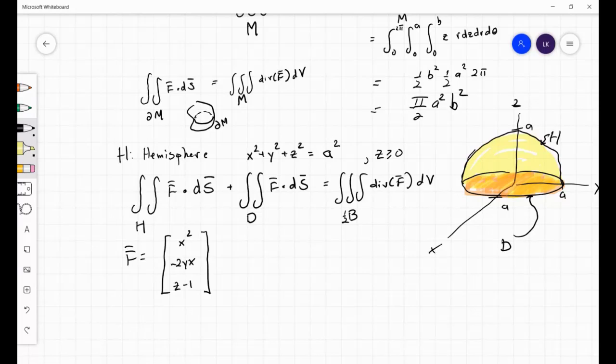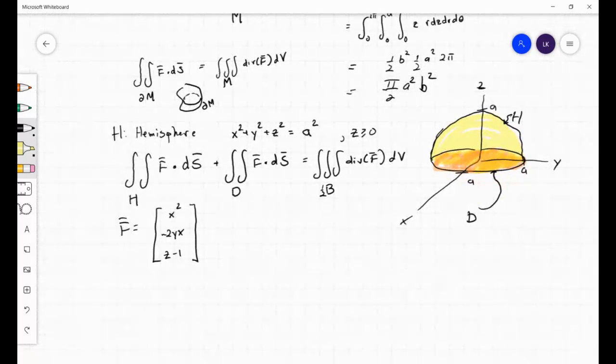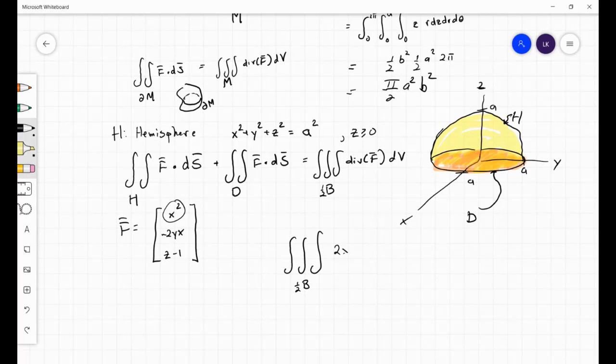So let's compute the triple integral over the half ball. The divergence of our vector field is the derivative of the first component with respect to x, plus the derivative of the second component with respect to y, plus the derivative of the third component with respect to z, dV.